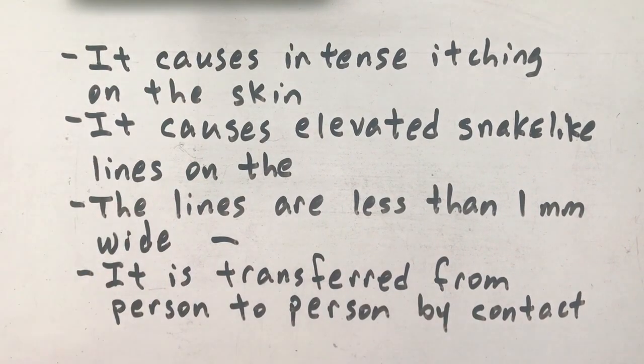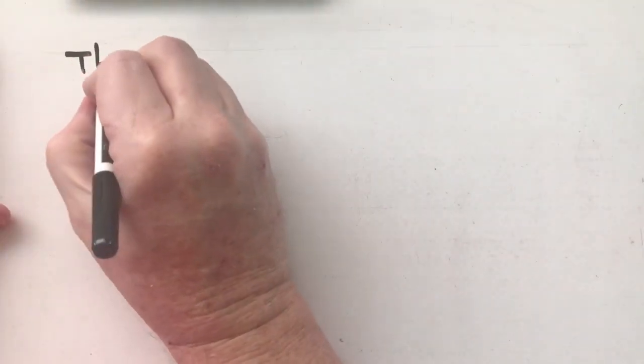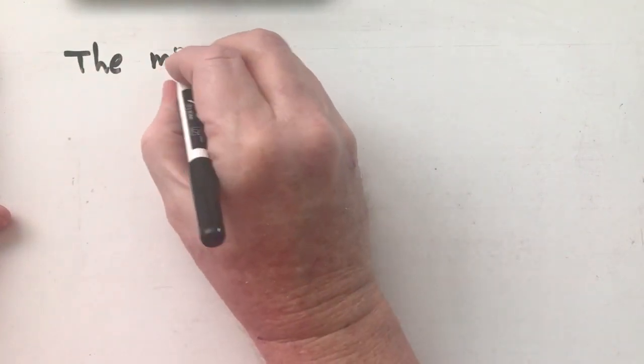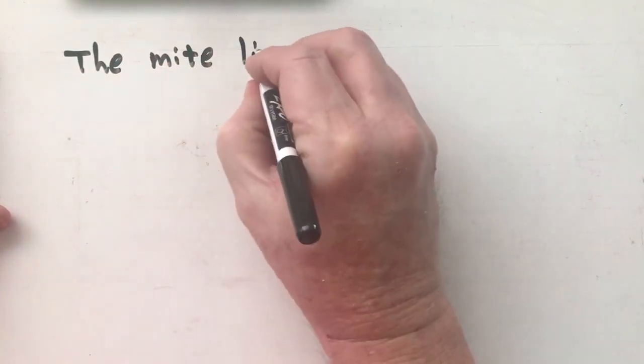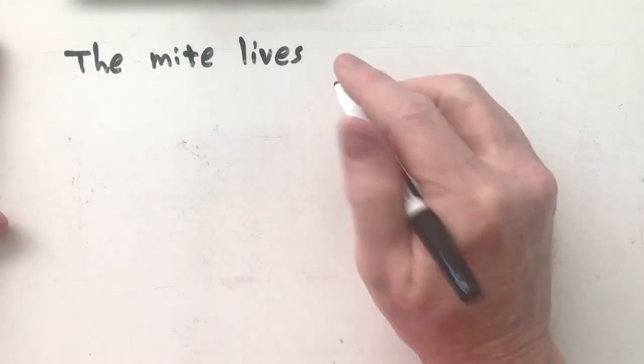And then these will live about 25 days. When we have a bug like this, we call it a mite. So the mite lives about 25 days.